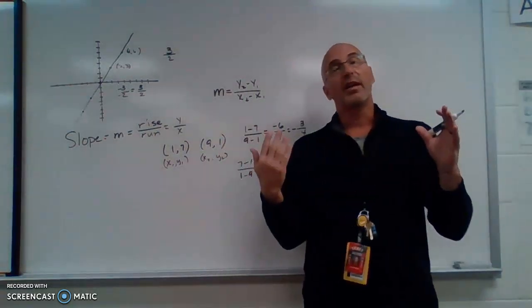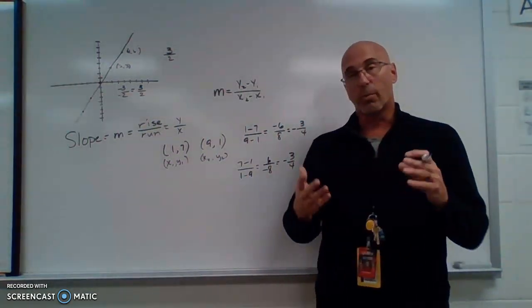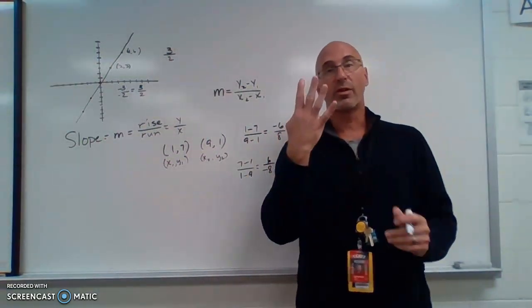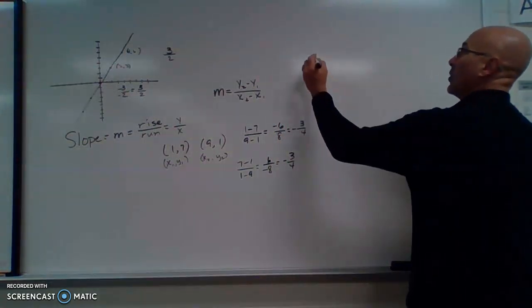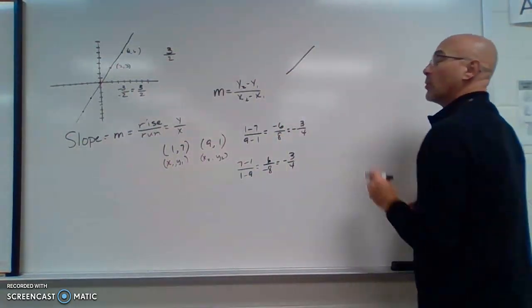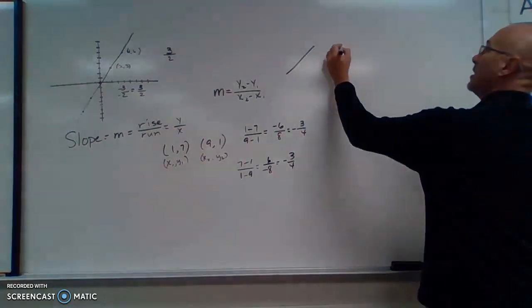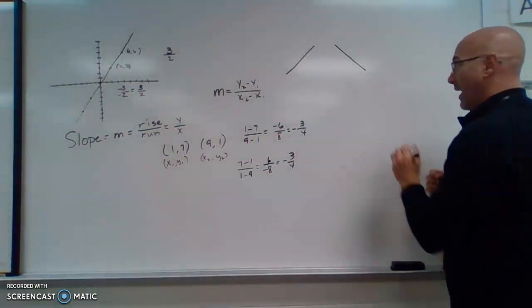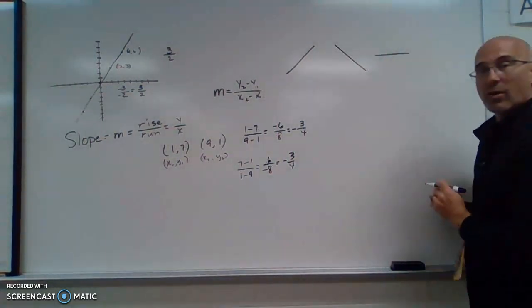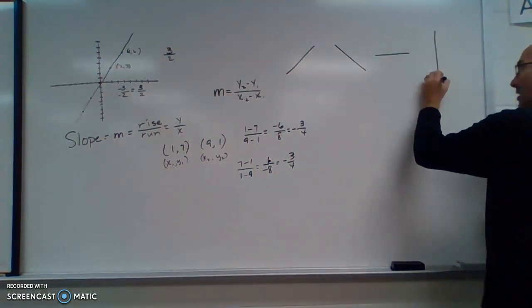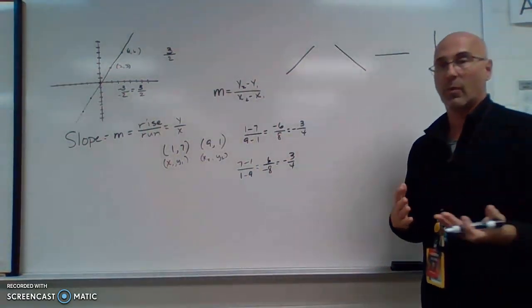And the final thing is the overall shape of the slope of our graph. We have 4 different possibilities. We have a slope that might go like this, a slope that goes like that, a horizontal line, and a vertical line. Okay.